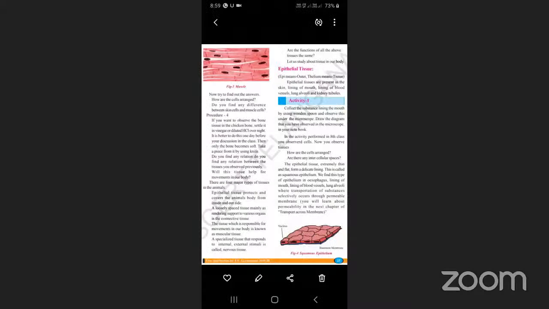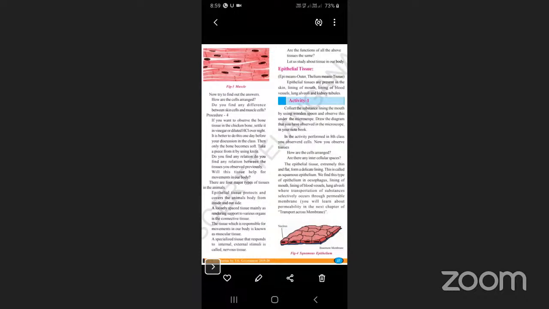Yesterday we discussed different types of tissues and their uses. Here we have many questions: how are the cells arranged? Do you find any difference between skin cells and muscle cells? We observed bone cells, bone tissues, and skin layer, and how the cells are arranged in that particular tissue.